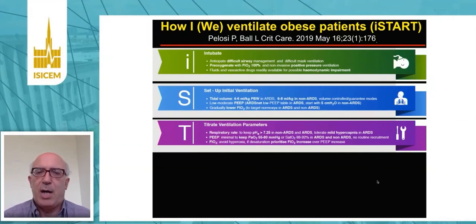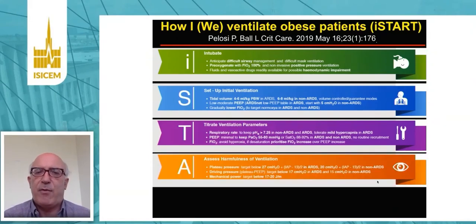No recruitment maneuver as a routine. FiO2 to avoid hyperoxia; if saturation drops, prioritize FiO2 increase over PEEP increase. A: assess airway mechanics for ventilation, with plateau pressure below 27 in ARDS and 20 centimeters of water in non-ARDS obese patients, according also to the intra-abdominal pressure. Driving pressure below 17 centimeters of water in ARDS and 15 in non-ARDS obese patients.